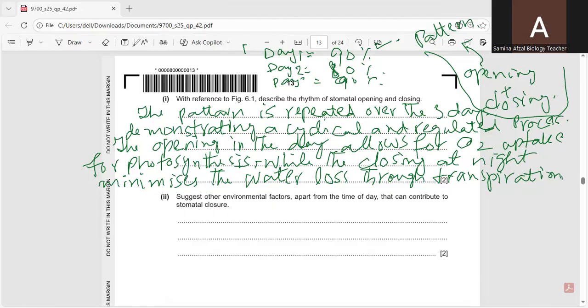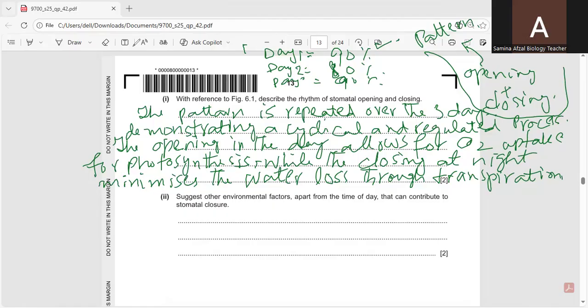First, when the soil is dry and the plant experiences water deficit, the plant releases the hormone abscisic acid. It signals the guard cells to close the stomata to reduce water loss through transpiration. And when there is high temperature, extreme heat can increase the rate of transpiration to unsustainable levels. To prevent excessive water loss and potential damage, the stomata will close.